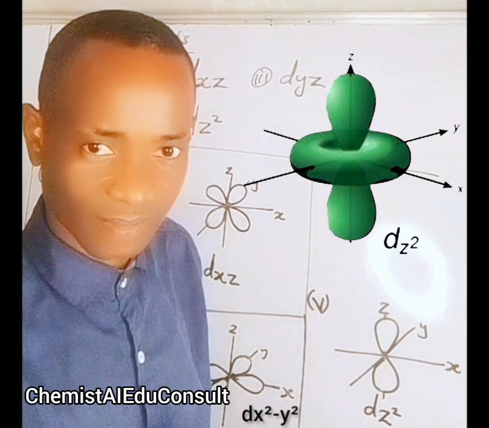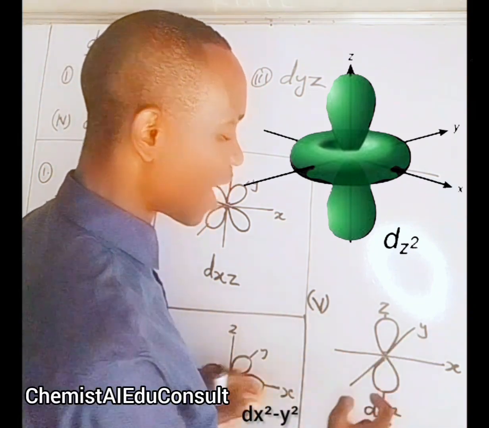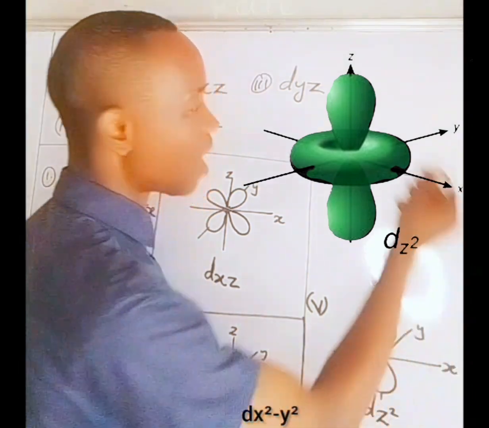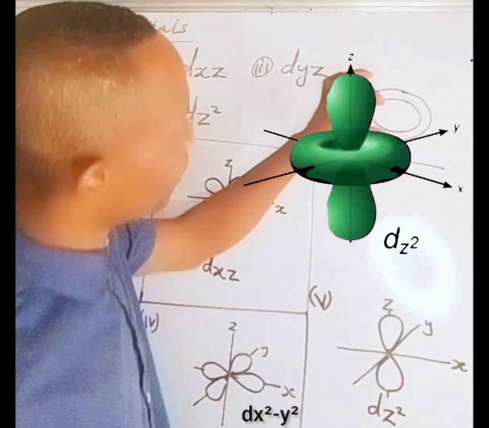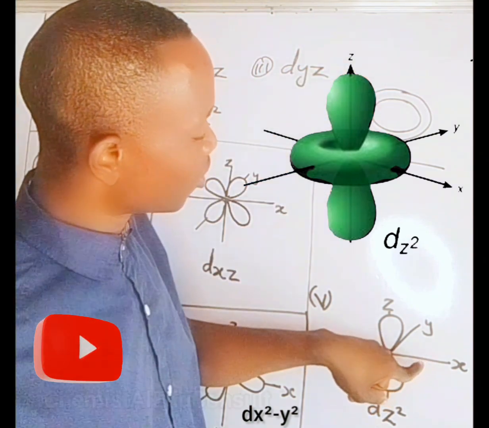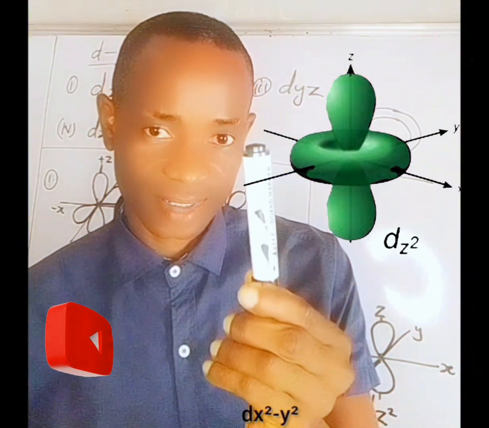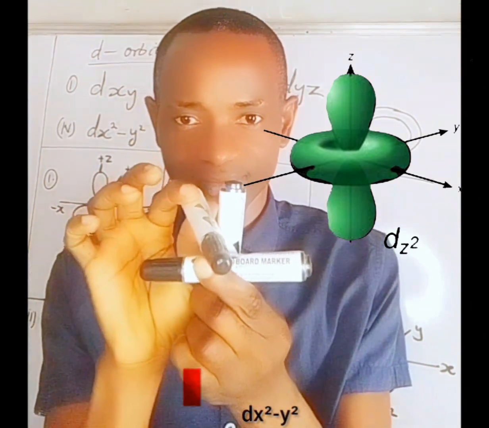How will it happen? The dumbbell trying to be on x and y at the same time will distort the shape of the dumbbell. The dumbbell will acquire a shape like this, so that it will touch both x and y axis. Remember, z axis is like this, x axis is like this, and y-axis is like this.